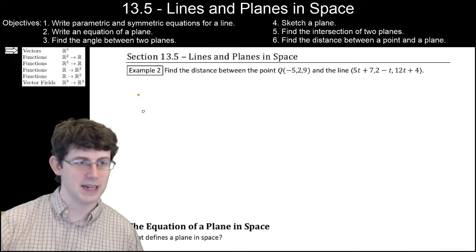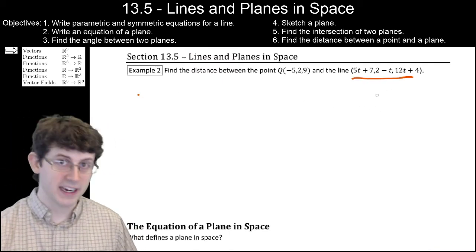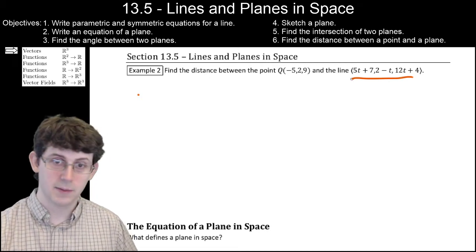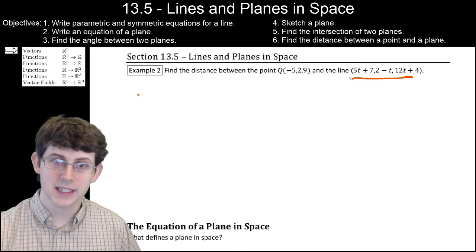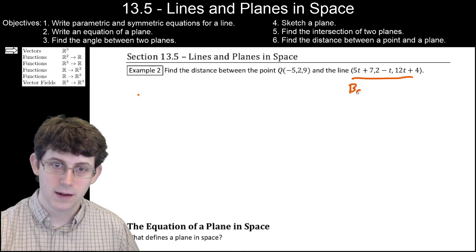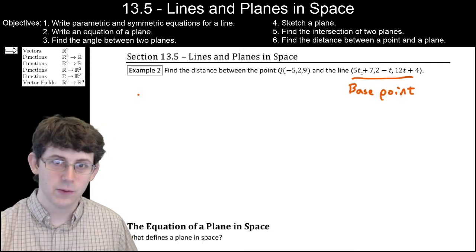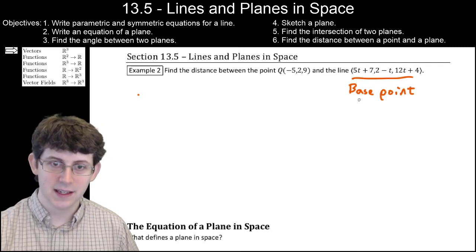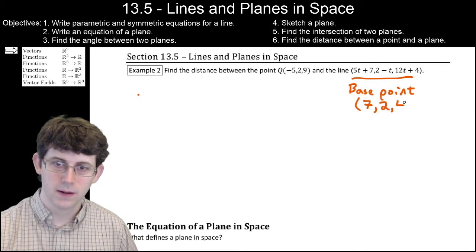I think we'll do an example. Okay, so here's a line. It's in vector form. You've got an x component, a y component, and a z component of the line. And you can pick out the starting point. It's like the b in y equals mx plus b. It's the 7 that's by itself, the 2, and the 4.